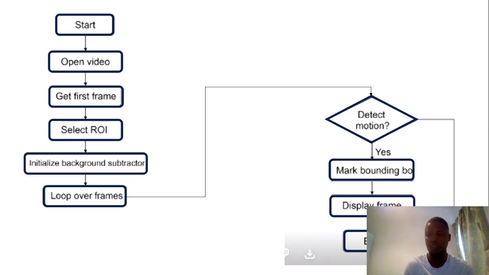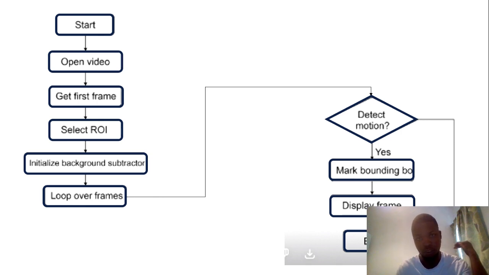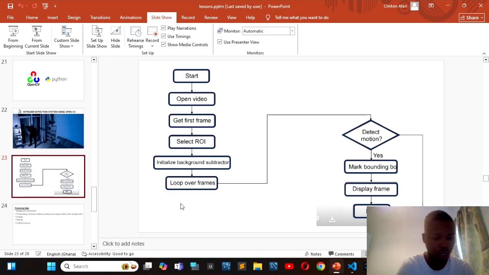So that's basically the idea. This happens repeatedly until the end of the video. All right, so that's basically how we are going to work on this. I hope you understand. If you don't, you can write in the comment box. But let's quickly run into our code.